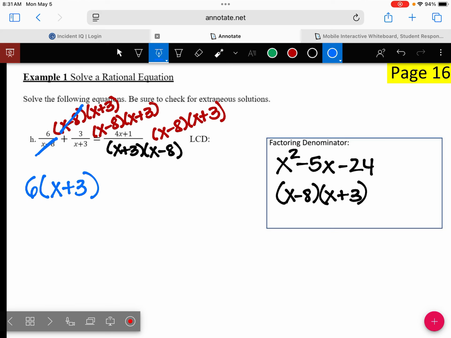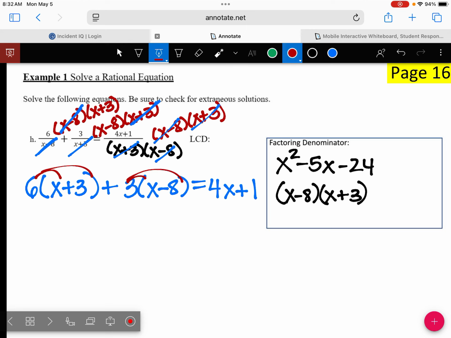Bring down the plus sign. X plus 3 goes away. 3 times x minus 8. Bring down the equal sign, and they both go away. So you just have 4x plus 1. All right, go ahead and distribute the 6 and distribute the 3. I'm going to freeze my screen, and we'll see if we get the same thing.